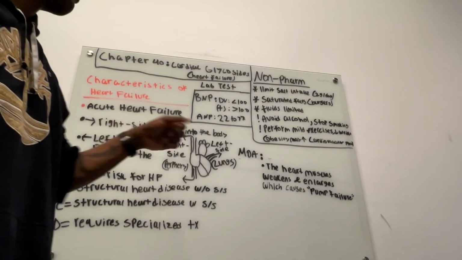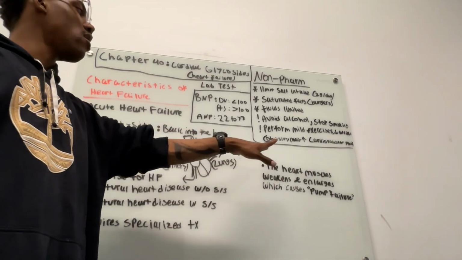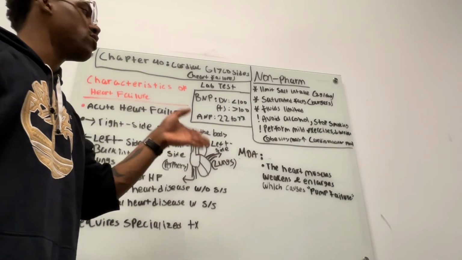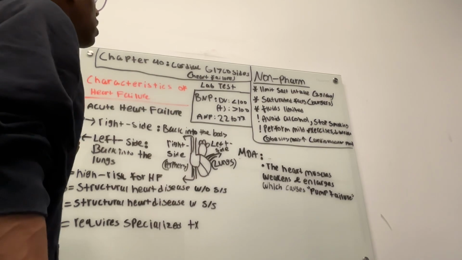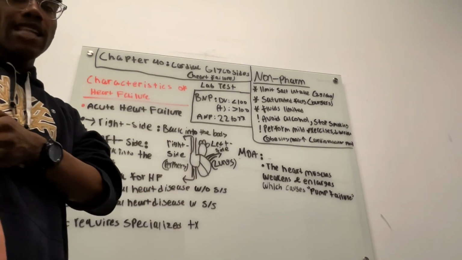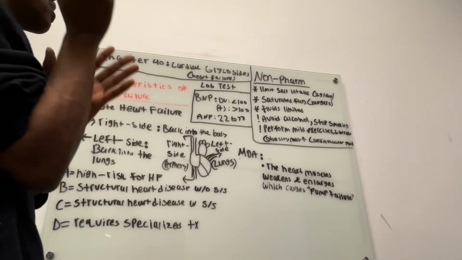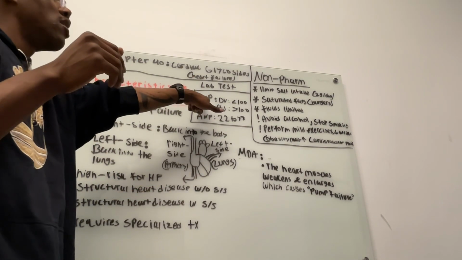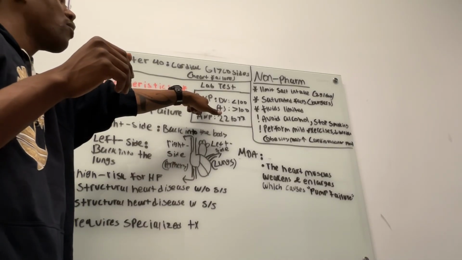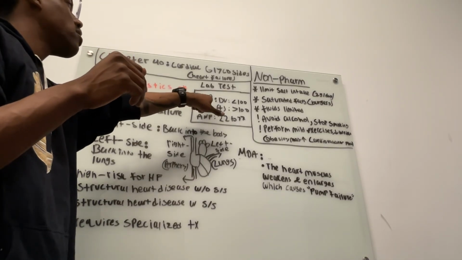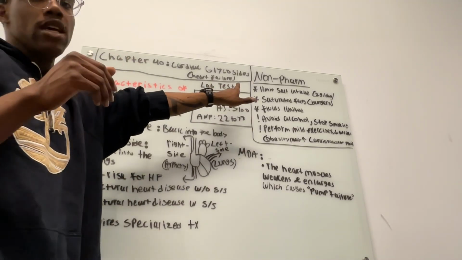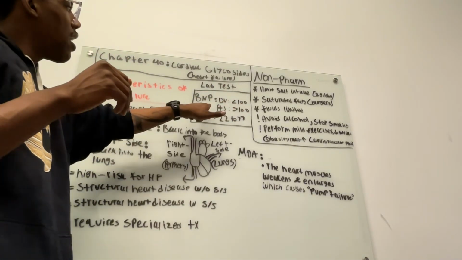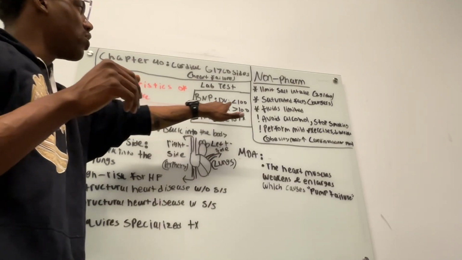And then over here, the mechanism of action is the heart muscle weakens and enlarges, which causes pump failure, and it can be congested. And then we detect these with lab tests. So you're going to check your BNP. This is your brain natriuretic peptide. You just need to know that the desired value is less than 100, and the positive value is greater than 100.